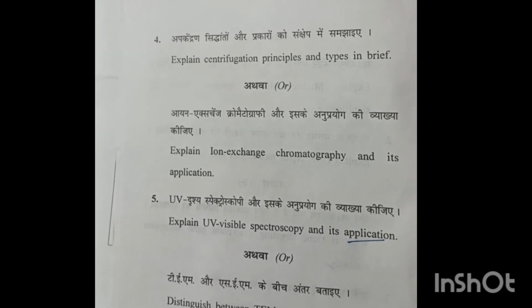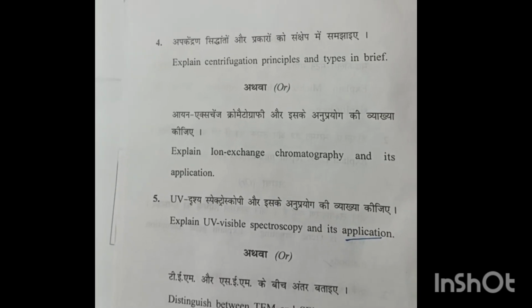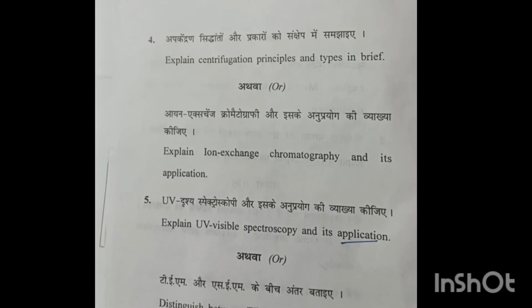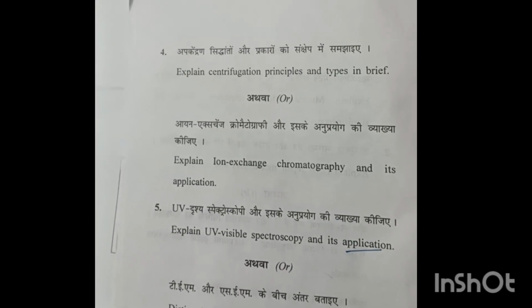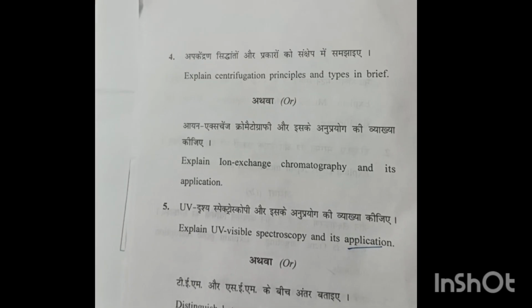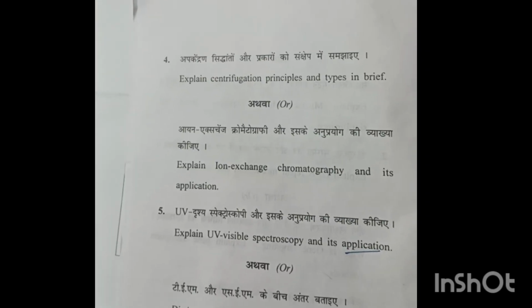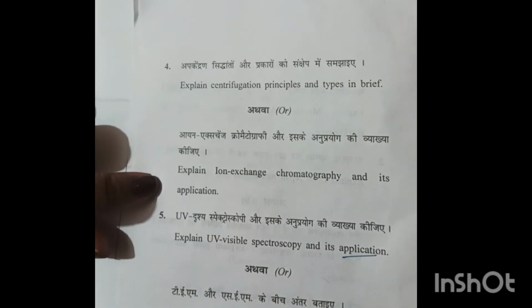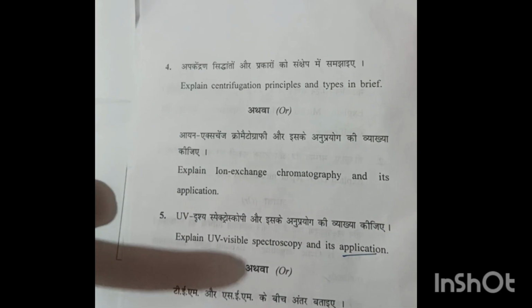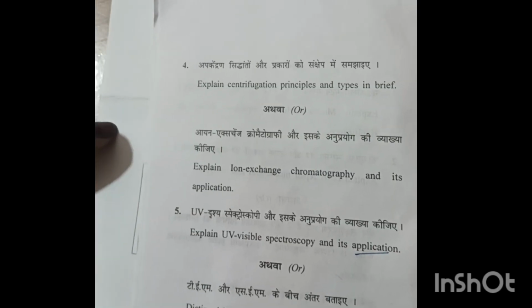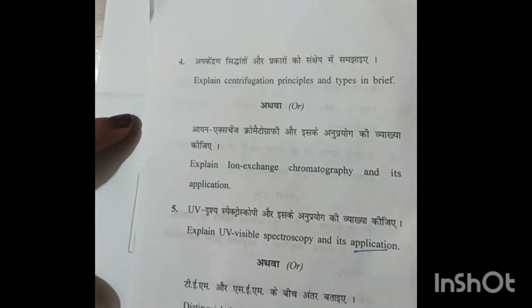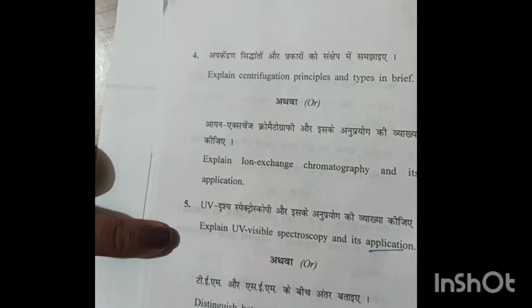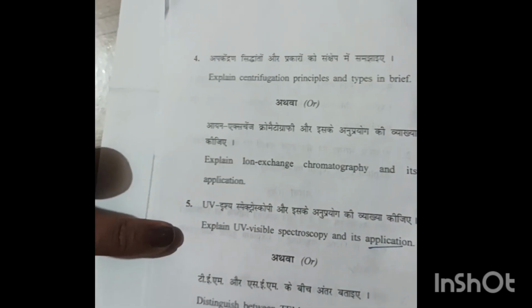On the contrary, centrifugation principles and types. There are many types of centrifugation, and within principles the RCF factor and a lot of things can be included. So I chose this one, not that one. And over here I had already written content on spectroscopy in the previous answer, so that was fresh in my mind. I chose the UV visible spectroscopy and its application.